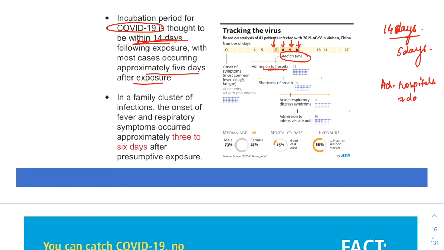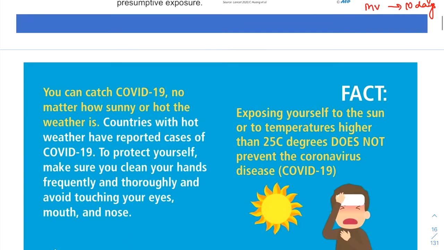Okay, on the seventh day they usually require admission to the hospital. On around the eighth day they develop shortness of breath, around the ninth day they usually develop ARDS, and around the 10th day they usually require mechanical ventilation.